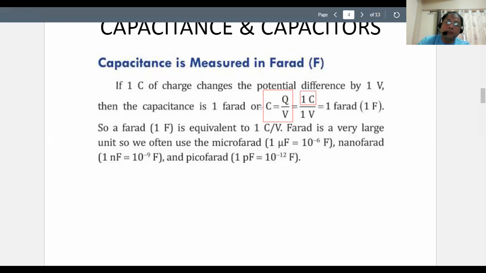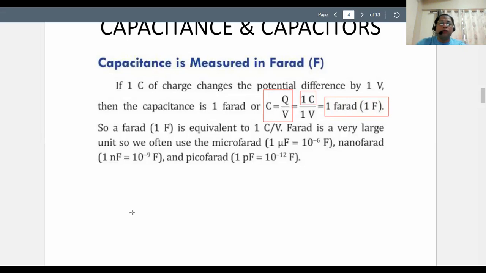So capacitance is Q over V, and Q over V is 1 coulomb over 1 volt, which is a unit called farad. Farad is short for Faraday; in honor of Michael Faraday, they shortened the unit of capacitance to farad.